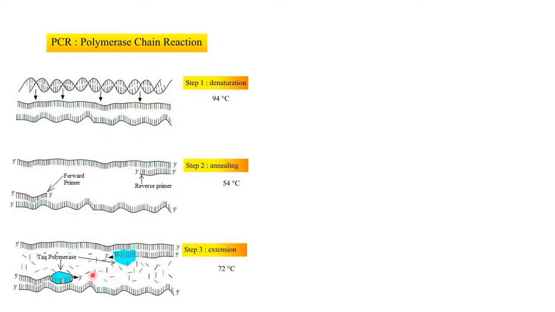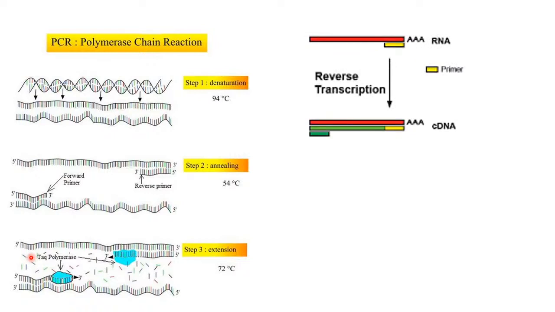You add the enzyme, so the enzyme can start from the primers and make new chains, and then you have multiple copies. You do multiple rounds of this reaction, and ultimately you get millions, billions or trillions of copies by your polymerase chain reaction.